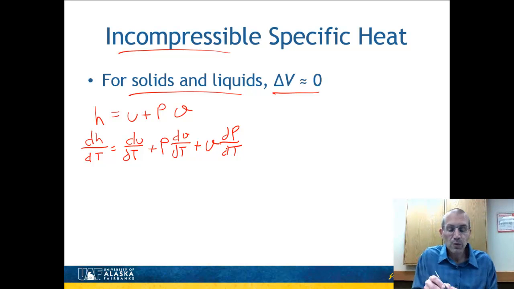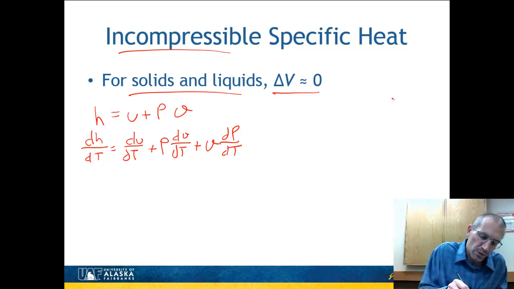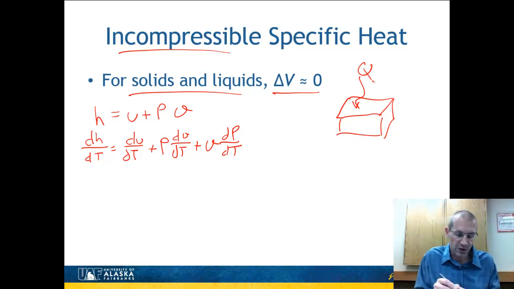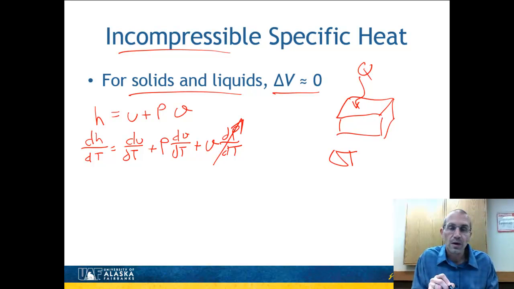Looking at this, if I was doing something at constant pressure, so imagine I had a brick and I wanted to know how much heat it took to heat up a particular delta T. If my brick was just sitting there, this would be a constant pressure process. And so this term over here is zero, because there's no change in pressure.